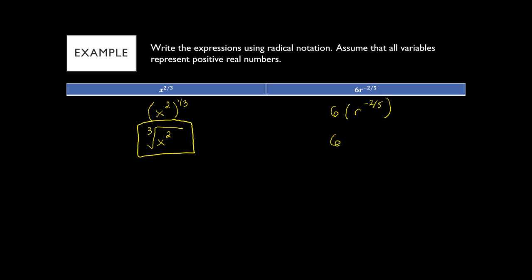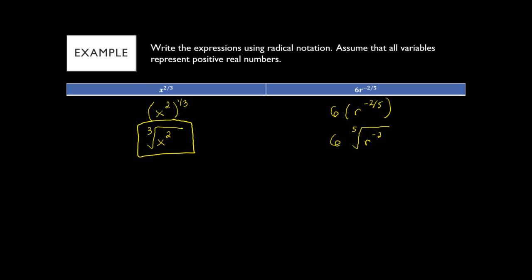So if I'm going to write it the way that I've been doing, you can have r to the negative 2 power, and then the 5th root of that. Now, in this case, this is kind of a weird way to write these.